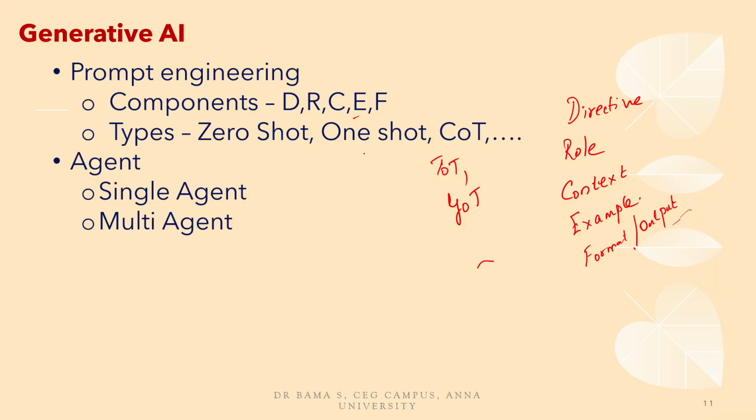And moving from prompt to agent. The difference between prompt and agent: a prompt is just one instruction to the LLM, the LLM does the task and gives the response. In an agent, it is a series of actions and then the response, derived for a particular goal.